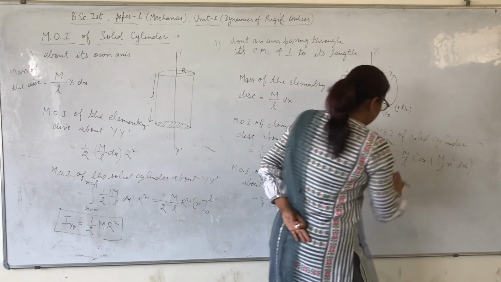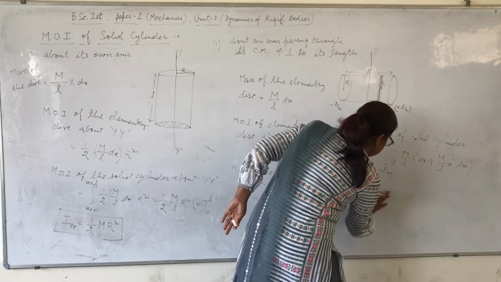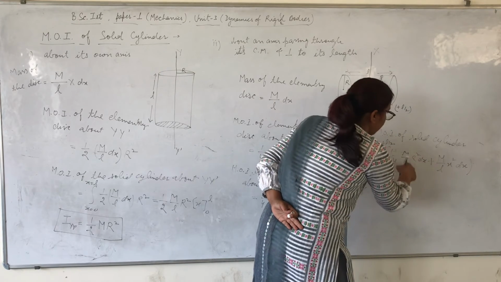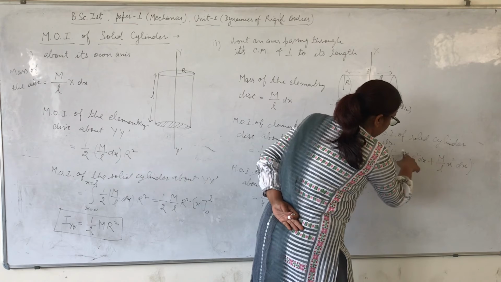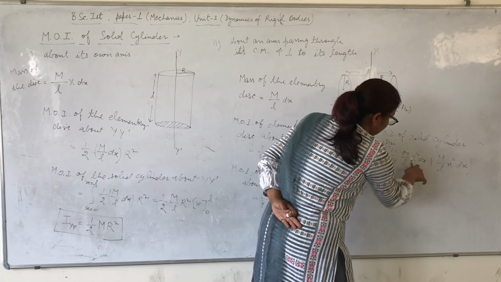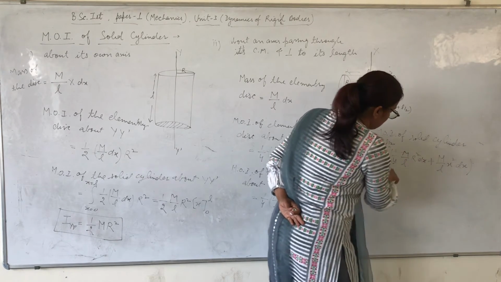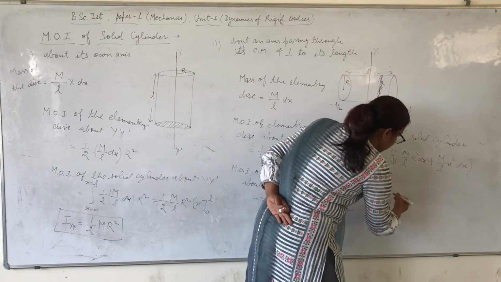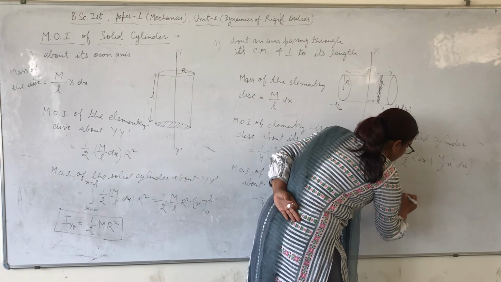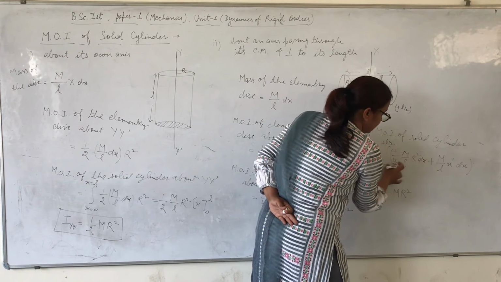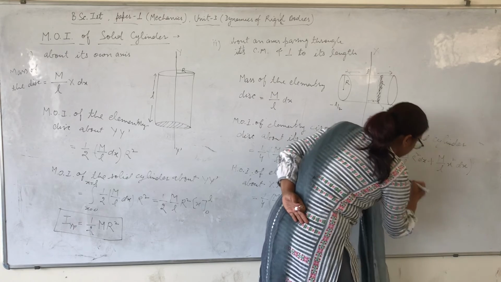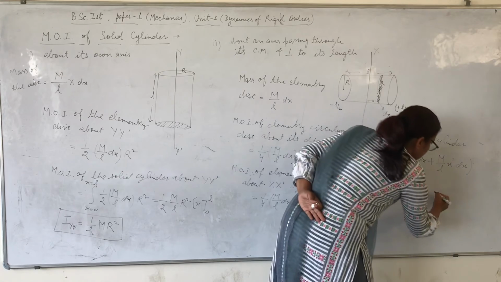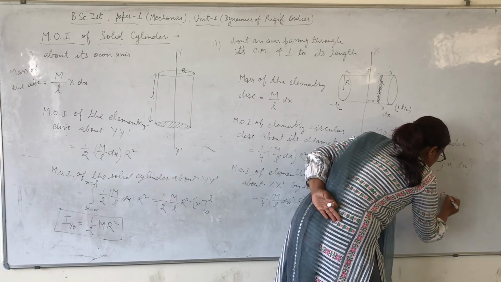Students, when we solve it, we take m by l r square common and integrate dx, and when we put the limits l by 2 and minus l by 2 it makes l, so l gets cancelled, and we get 1 by 4 m r square from the first part. From the second part, on solving, you can do it very simply, we obtain 1 by 12 m l square.